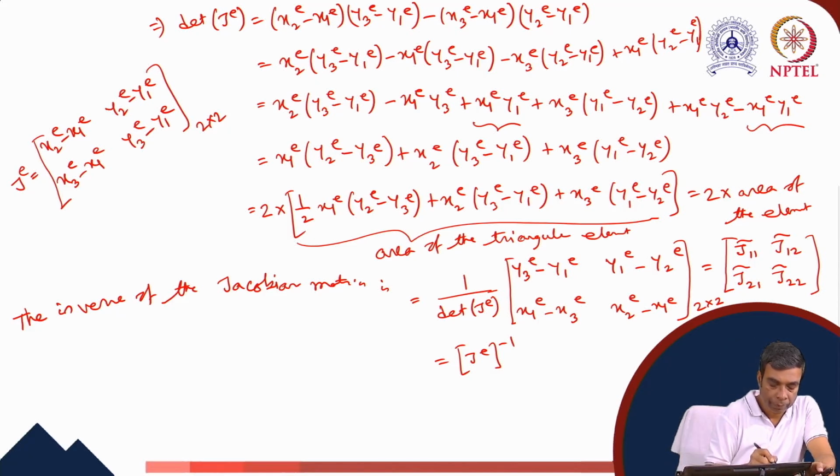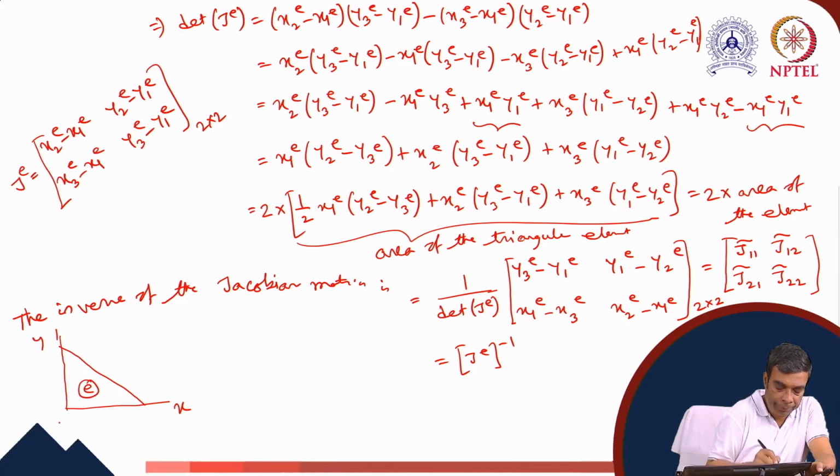Now we have already the interpolation functions in the actual coordinate system for an arbitrary element x, y. This is element E, with nodes at 0, 0, A, 0 and 0, B: local node 1, local node 2, local node 3.